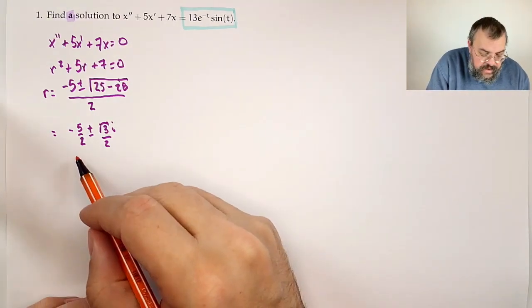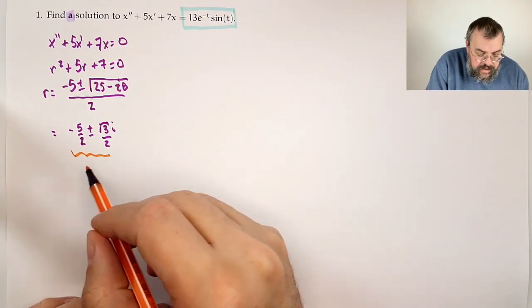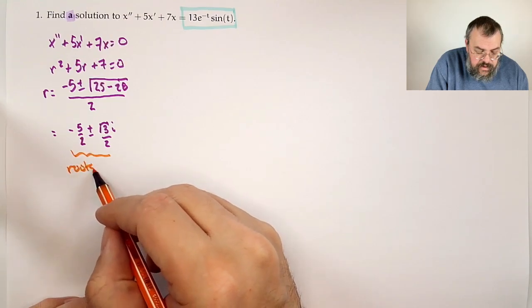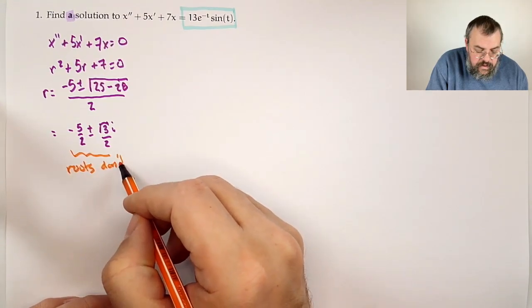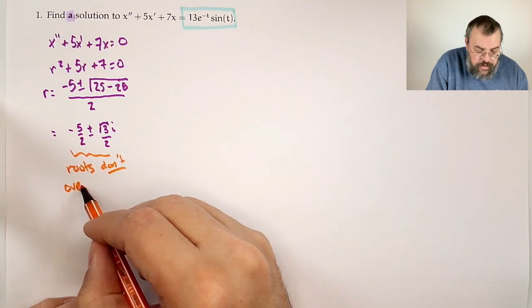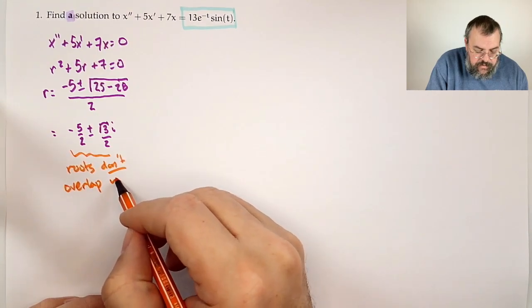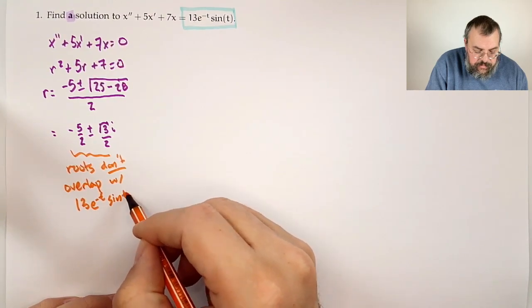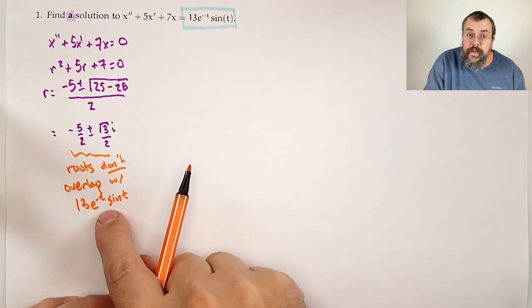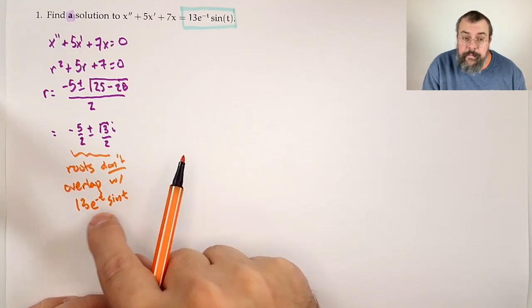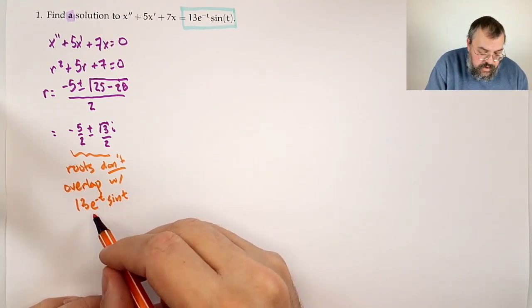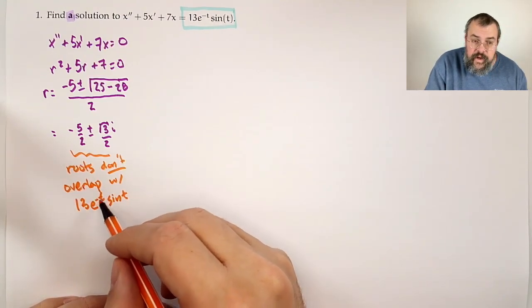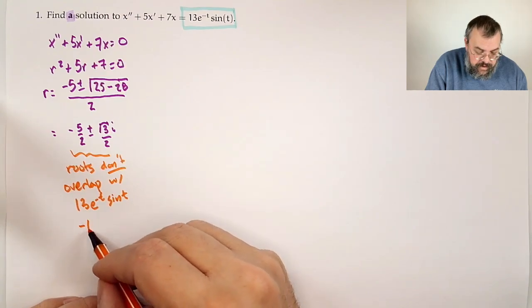And now, the key thing here is that these roots don't overlap with our function 13e to the minus t sine t, right? Because what would these roots be to have an overlap? Well, the roots here, the part upstairs in the exponential function, that's the real part.